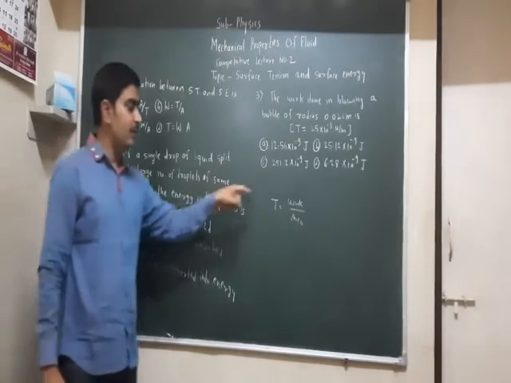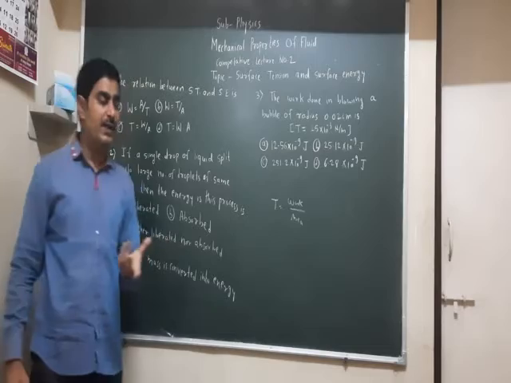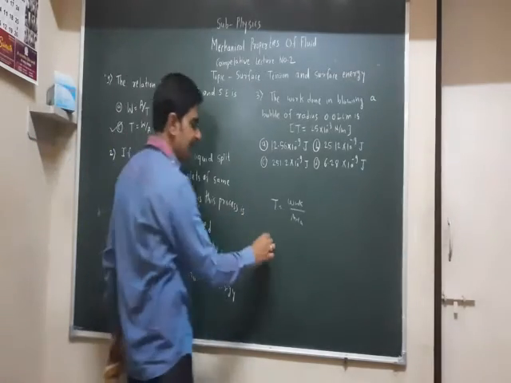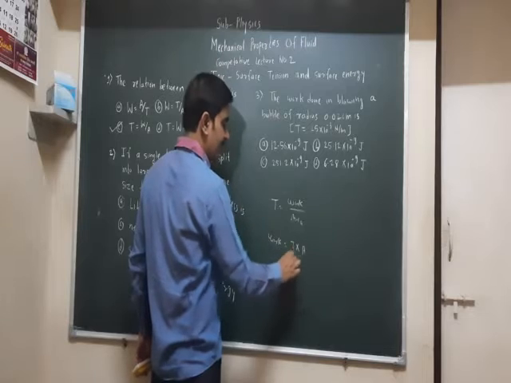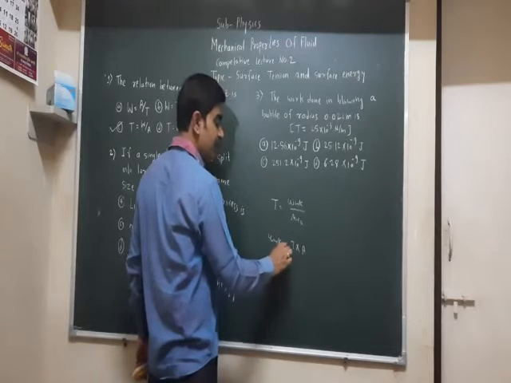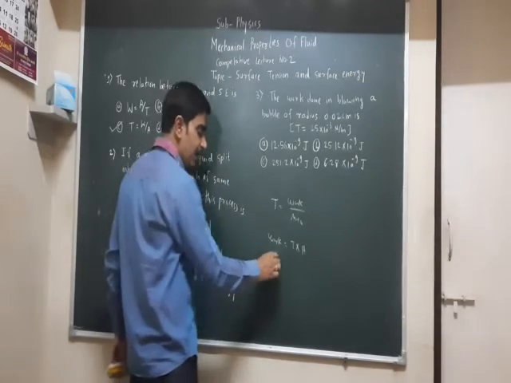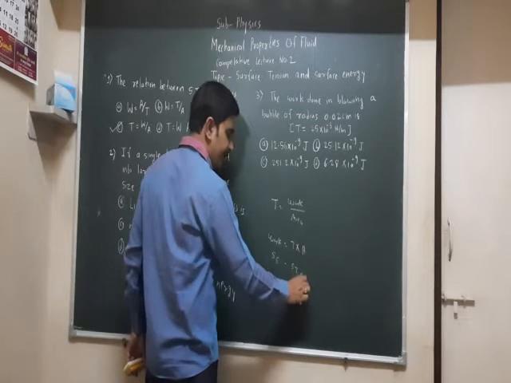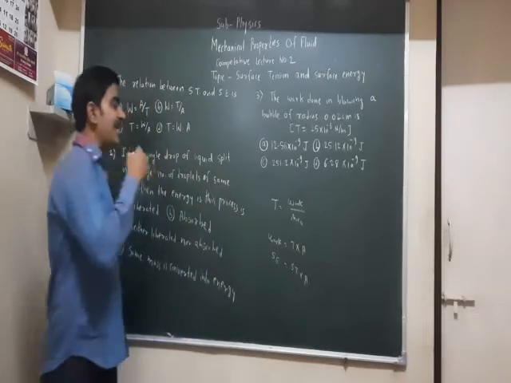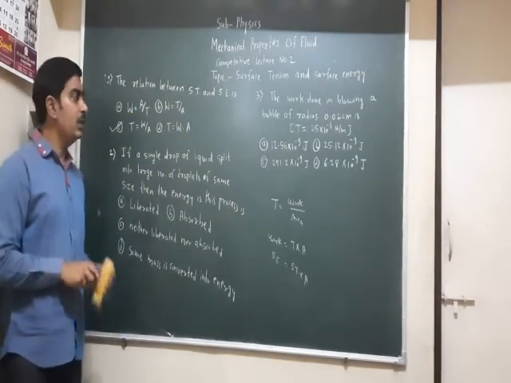Now remember, this work done will be stored in the form of energy, and we can write this as work is equal to T into A, area. So work is equal to surface tension into the area. It may also be that the surface energy is equal to surface tension into the area. So as per the question, you have to choose the option.